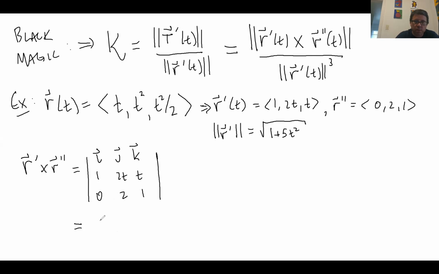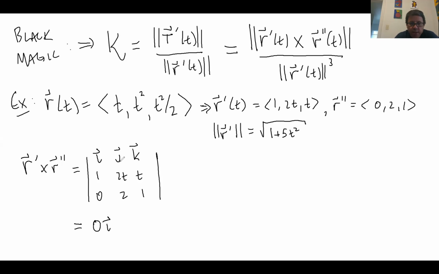And what does that turn out to be? In the i direction, you multiply the little subdeterminant. It'll be 2t times 1 and t times 0. Well, that's 2t, and 0. So you get 2t in the i direction.